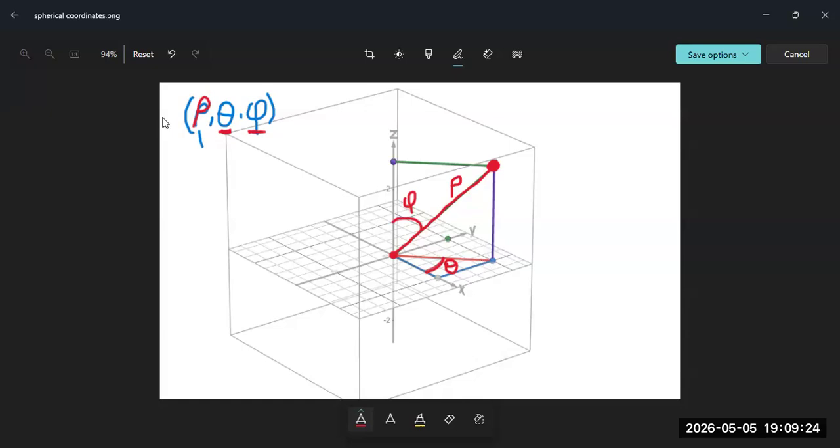So the main thing is rho means distance from the origin to that point, phi is the angle between that point and the z-axis, and theta means the angle with the positive x-axis. By these three parameters, we can express any point, in this case this red color point, in 3D.